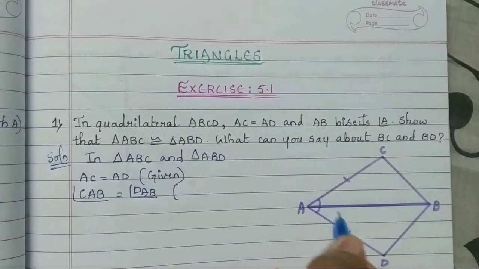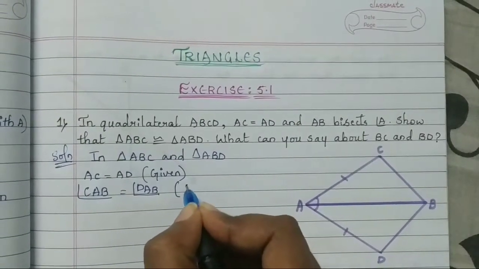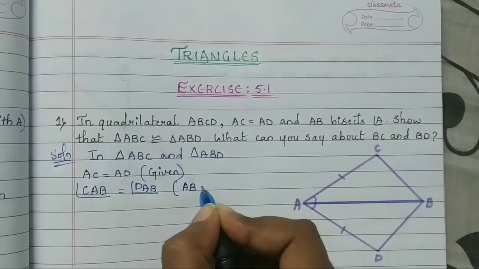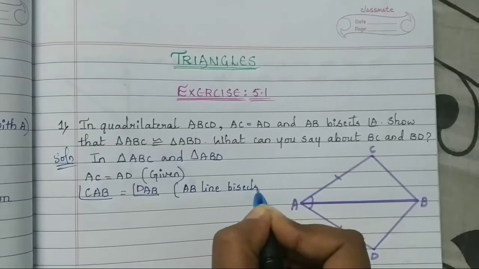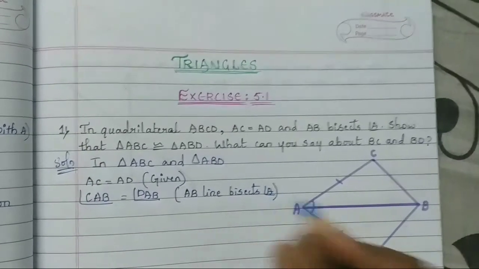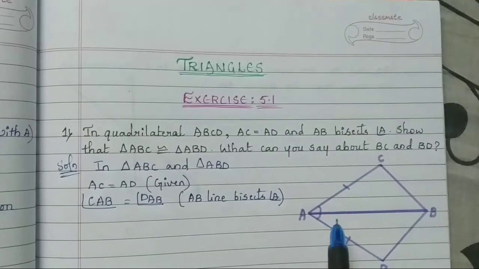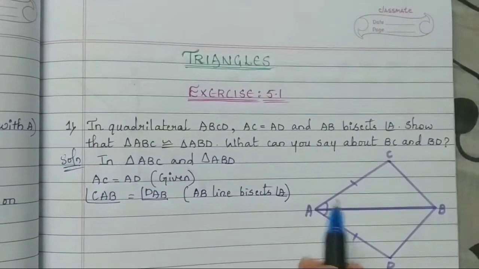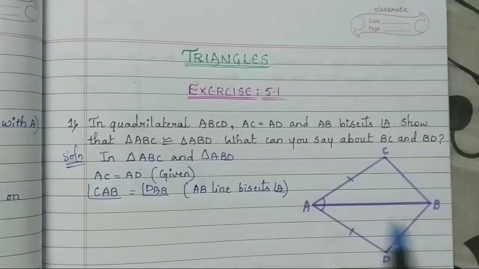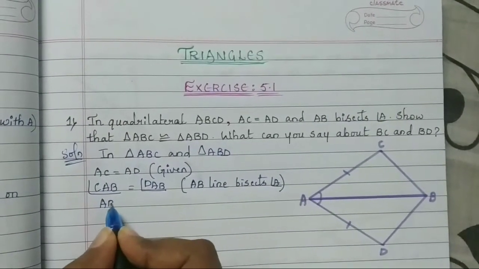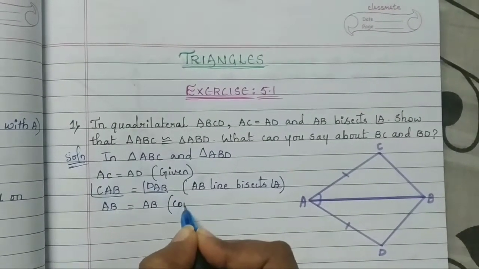These two are equal because the line AB bisects angle A. Due to the bisection, we got both the angles equal. Then we have one common side, AB, for both the triangles. So AB is equal to AB, common side.